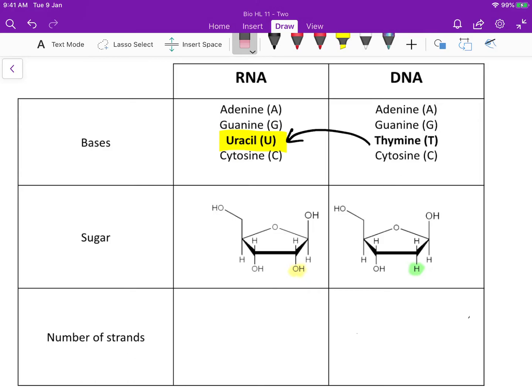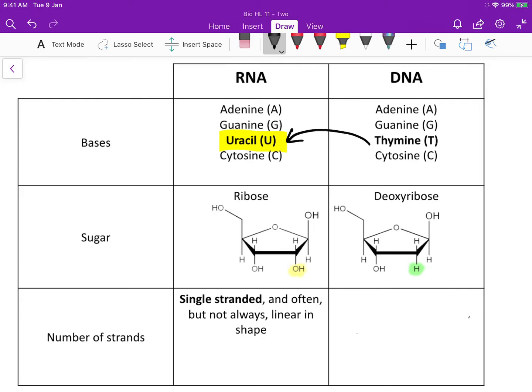Down to our sugars that we talked about just then, RNA has ribose with that extra oxygen, and DNA has deoxyribose with the oxygen removed. Number of strands: RNA is a single strand, and it's often in a linear shape, but not always.